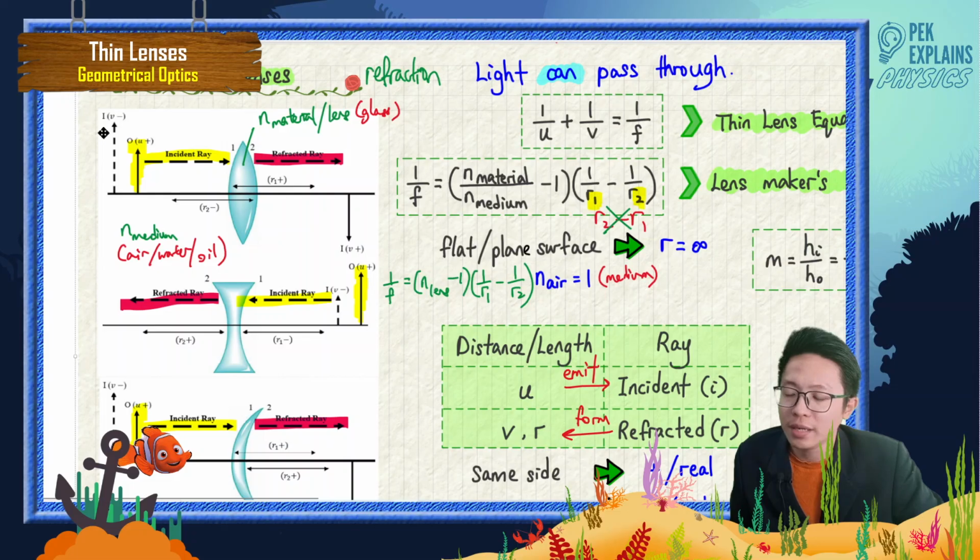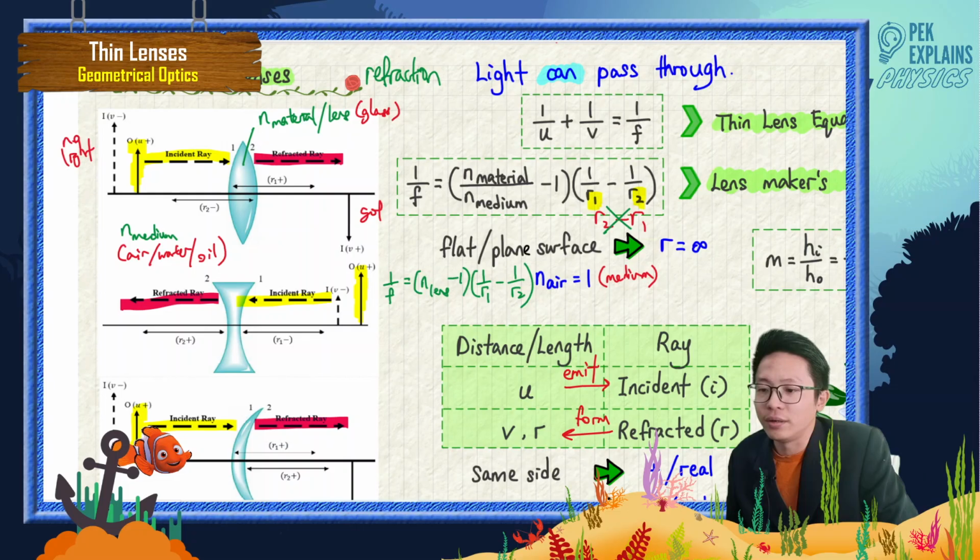If the image is formed over here, opposite to the refracted ray, that means the light has already gone to the other side. Here has no light. Here just now got light.